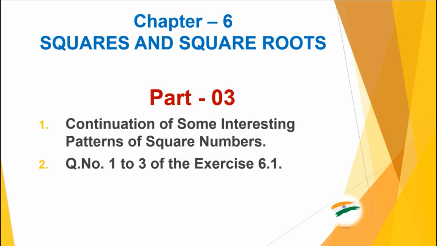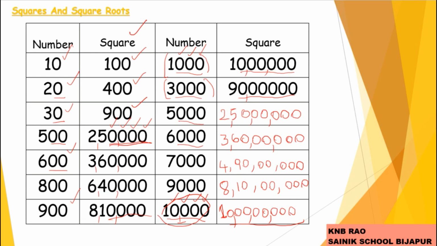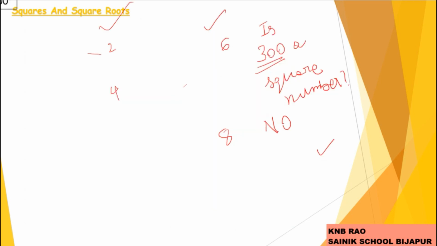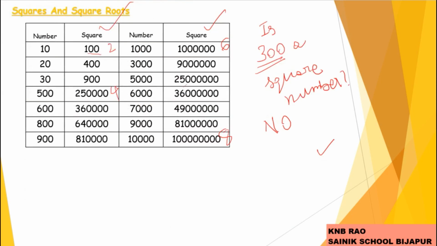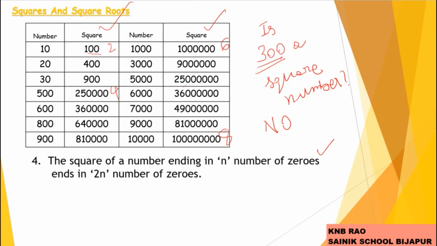Students, yesterday we discussed some interesting patterns. Along with that, one property also we discussed yesterday. These are the things. Square of a number ending in n number of zeros ends in 2n number of zeros.